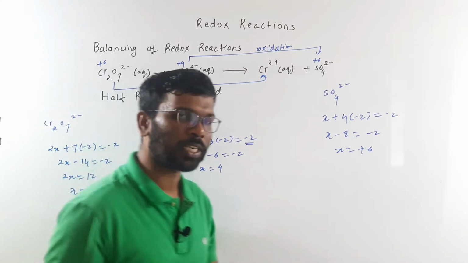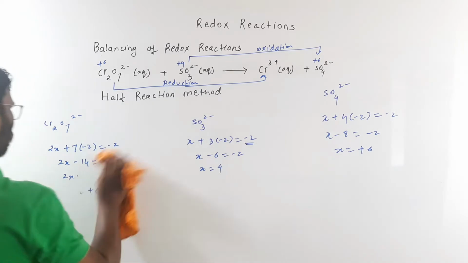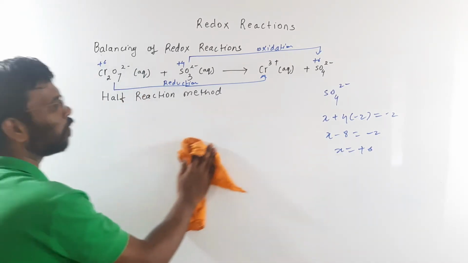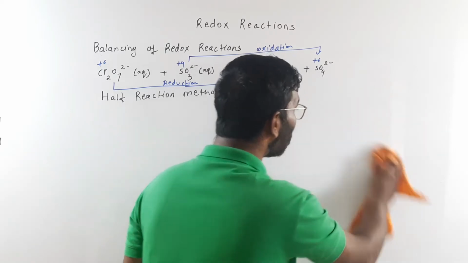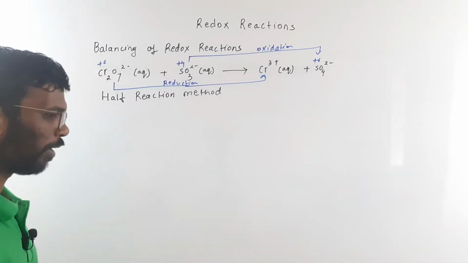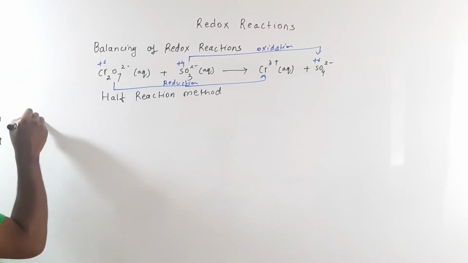So first I will start with the oxidation half reaction. Since you have understood what is getting oxidized and what is getting reduced, the first step is to break them into two half reactions. That is, first I will write the oxidation half reaction.